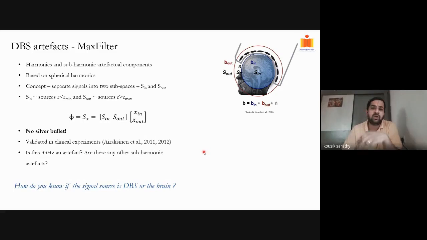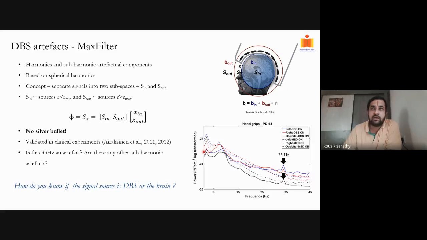And moreover, how do you know if the source of a particular signal is still the deep brain stimulator or the brain? It is still not very trivial to separate it out, which is why, so this is actually from one of our recordings. So we see the dotted lines are with the DBS, it should say DBS off.